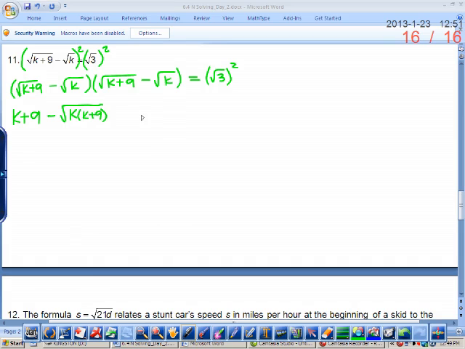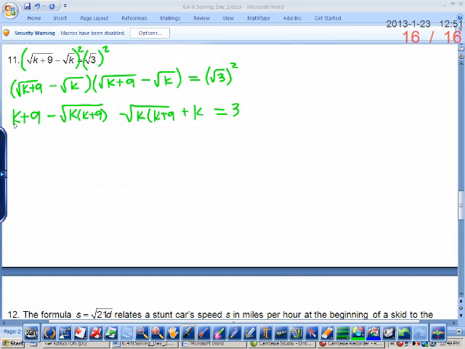It's totally up to you. Then we have that again, right? And then minus root k times minus root k plus k equals what? 3.